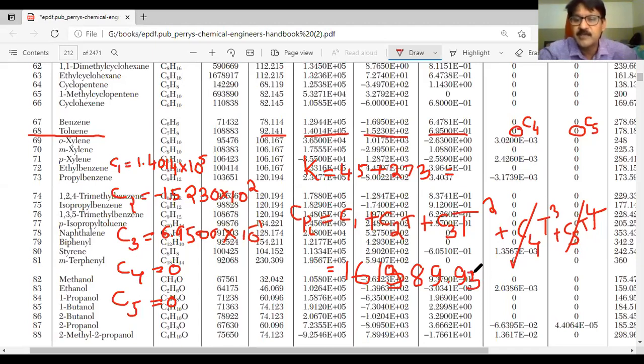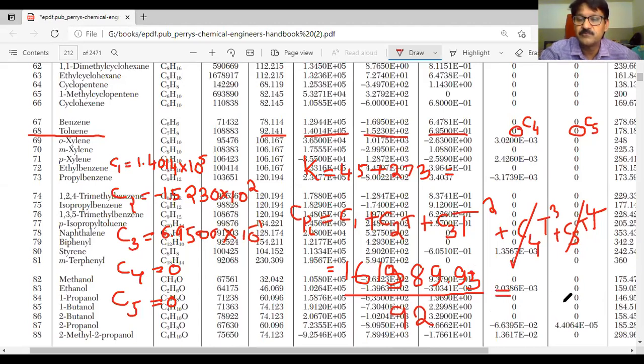You write it approximately. You write your answer, if it is very near to this. Therefore, you have to divide this by the molecular weight of toluene, 92. How much? 1,700 something.